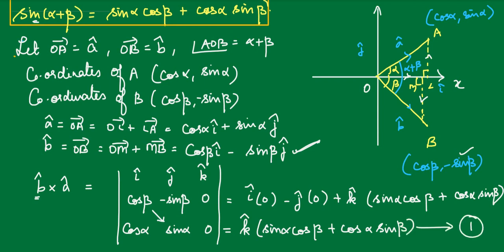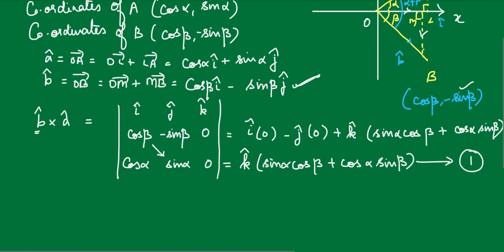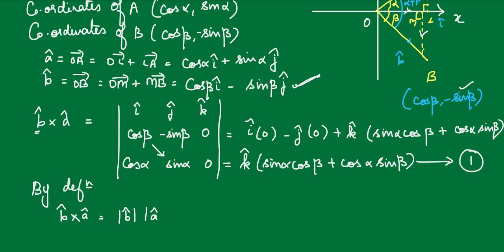Now from the definition of cross product, we know that by definition B cap cross A cap will be equal to modulus of B cap, modulus of A cap, into sine of angle between the vectors, that is alpha plus beta, into k cap.